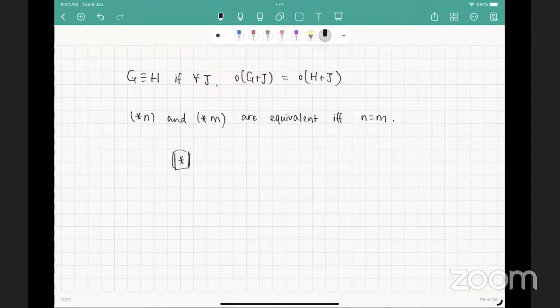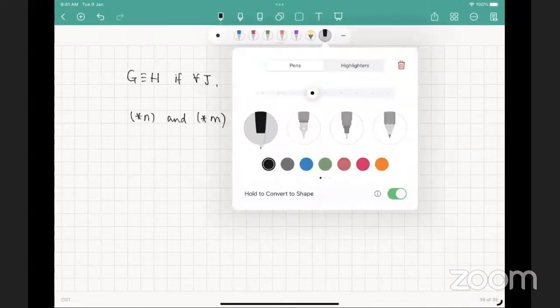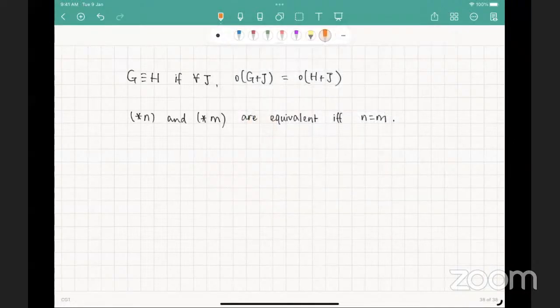Okay, and once again, hopefully, the reason that they are different equivalence classes as per this definition is clear, because if you have N and M being different, and let's say that N is the larger number, then we bring in M to both games.